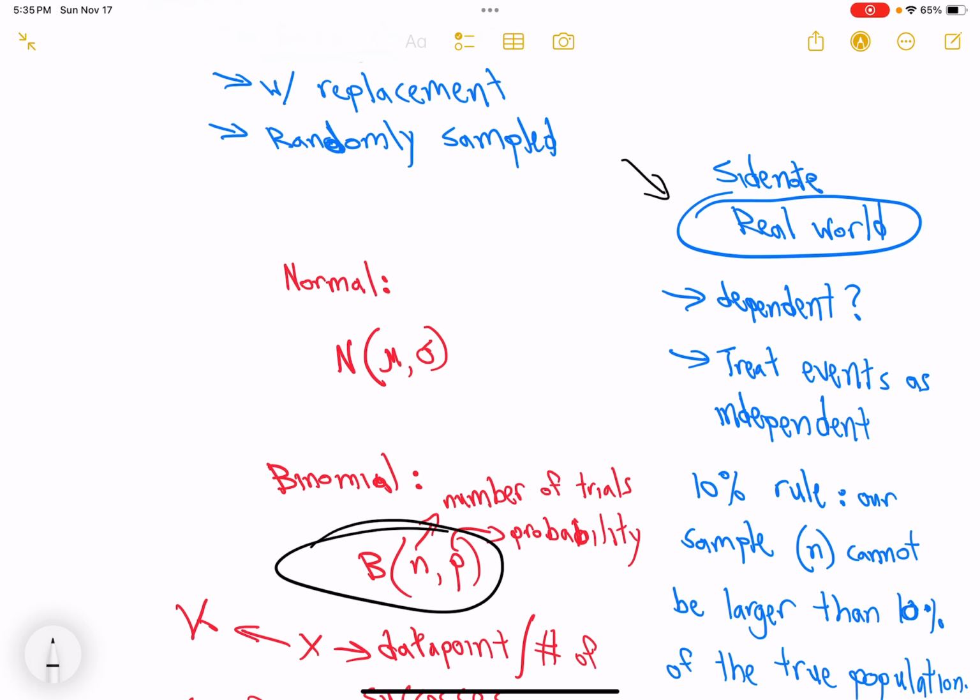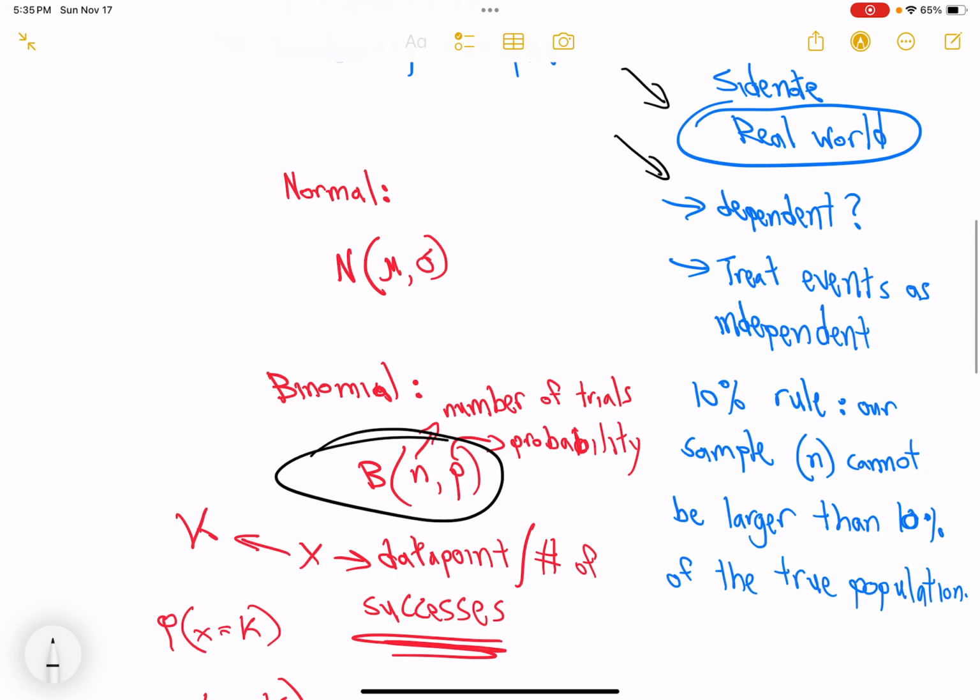We've stated that in the real world, we can't always know if dependency is or is not there, so we can treat events as independent using the 10% rule, which is to say that if our sample size is not larger than 10% of the true population of something, like an animal, and we do like a really low number, this happens in environmental science all the time, well, we find ourselves in a fortunate position where we just treat those events as independent because it is literally negligible the degree to which tiny dependencies will impact our sample size.